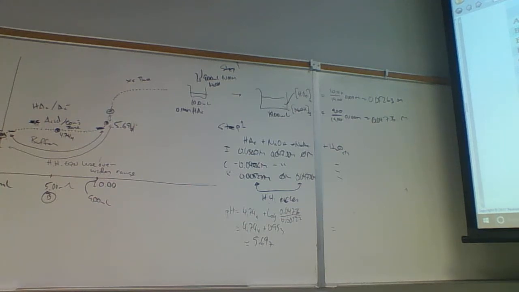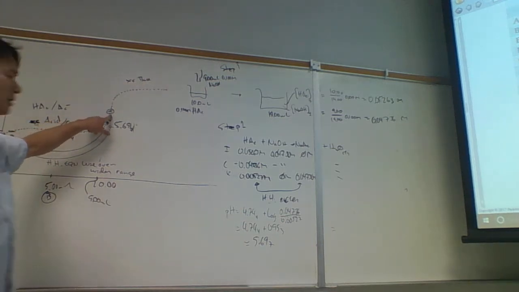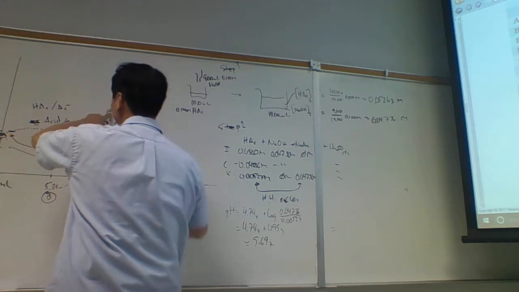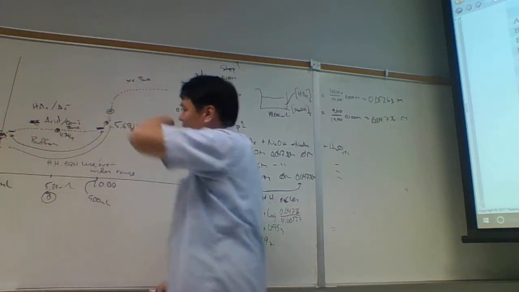I have to be in this buffer region between 0 and 10 milliliters. And then I know the pH. Actually, let's figure out what the pH is here, at the border of the buffer region.